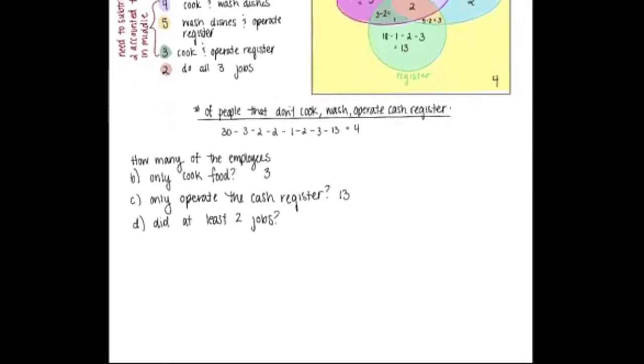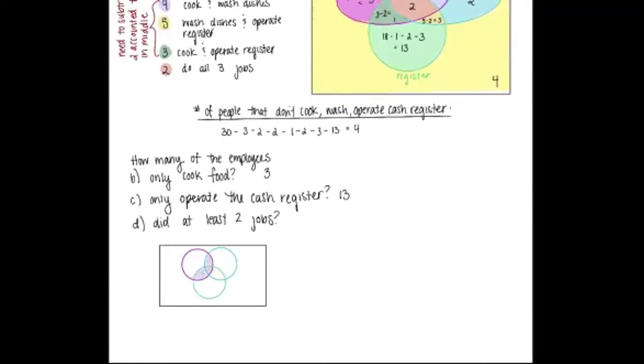And so I'm going to put a little mini Venn diagram here to figure out what we're talking about. Here's our 3 sets. If they did at least 2 jobs, that would be anything where these circles overlap.